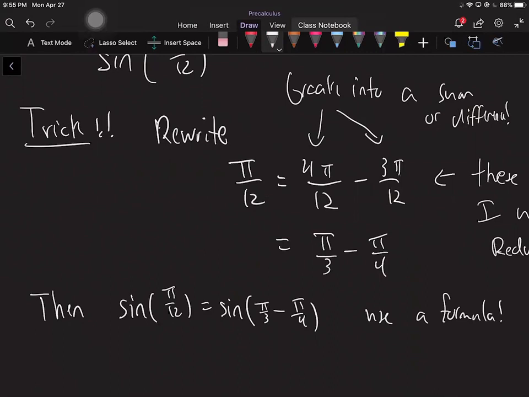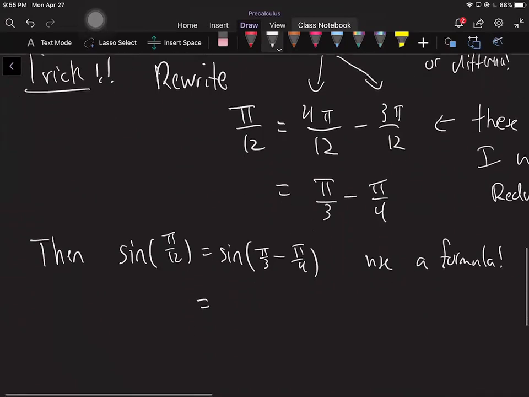So it's okay if you don't remember it right now, because we just learned it, but this is what it is. So the difference formula is you take sine of the first angle. So this is like your alpha, and this is like your beta. So it's alpha minus beta.